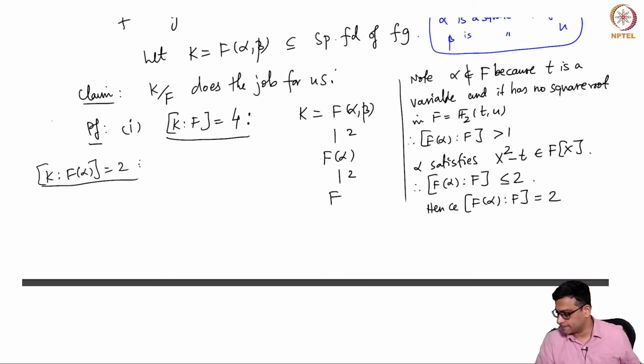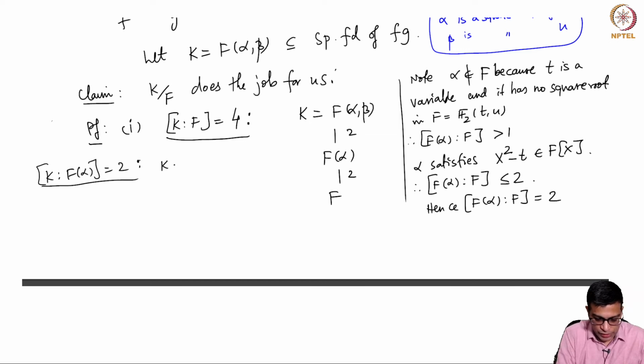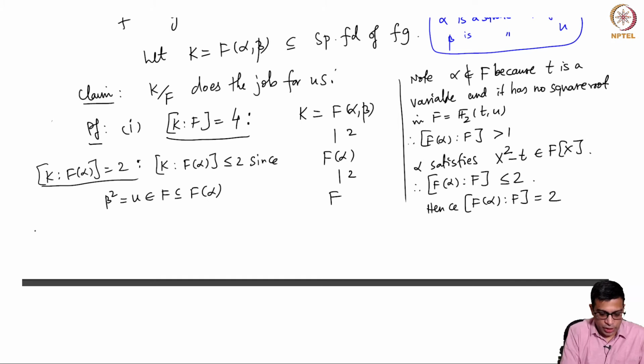So first note that F(alpha) is a degree 2 extension of F. Since beta squared, which is of course u, is in F, which is in F(alpha), note that K is actually F(alpha)[beta].